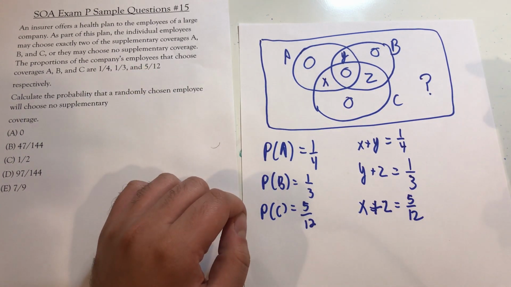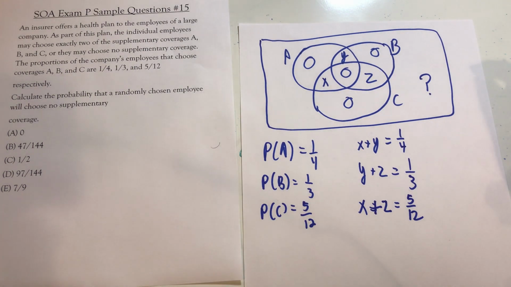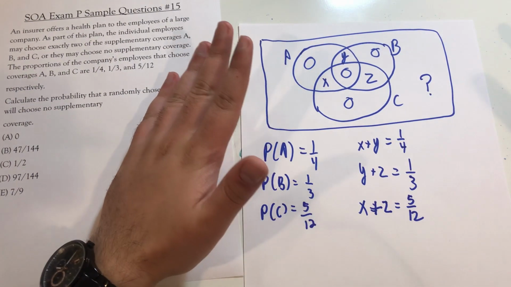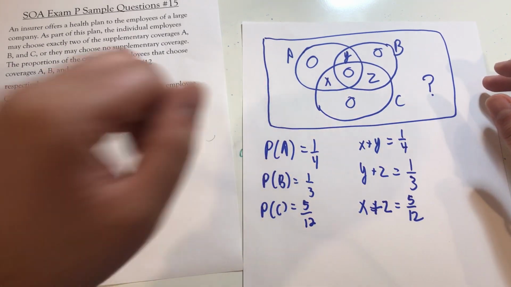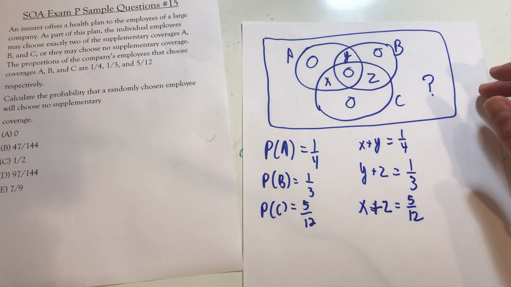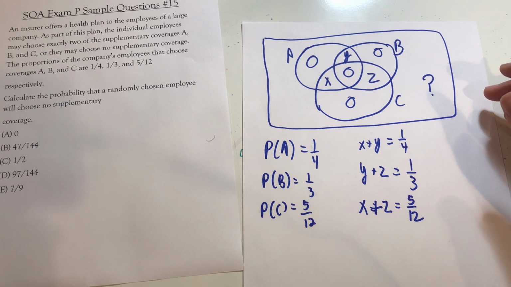So now let's go about solving this. A couple of ways to do it, right? I'm not going to go through how to do a system of linear equations: substitution, elimination. Substitution's kind of my go-to.